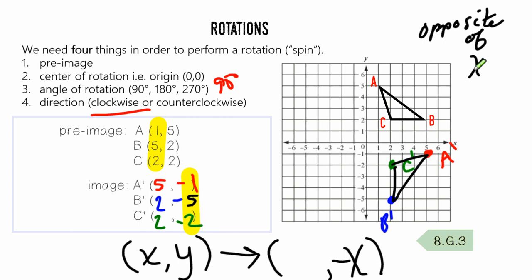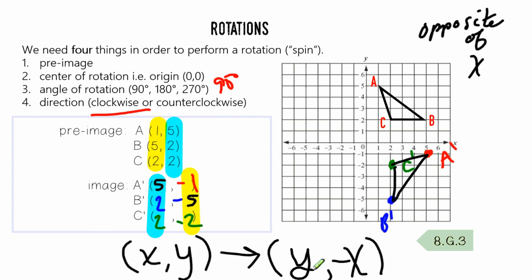All right, let me grab my other highlighter so that we can take a look at our Y values. Here are my original Y values, 5, 2, and 2. Now look where my Y values landed. My Y values are now in the X position right here. So what has happened is my Y's have moved to the X position.